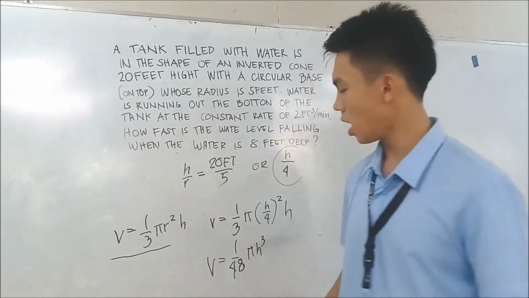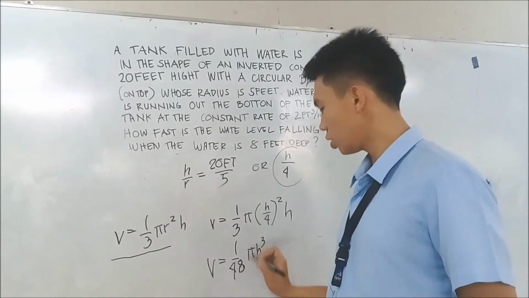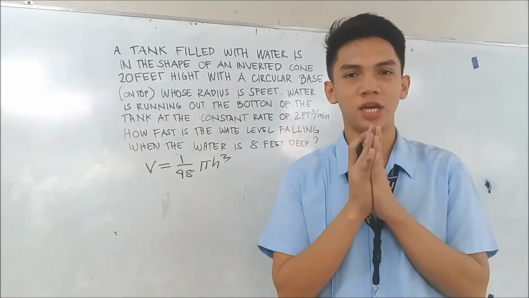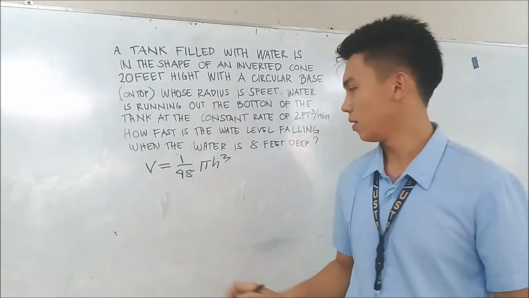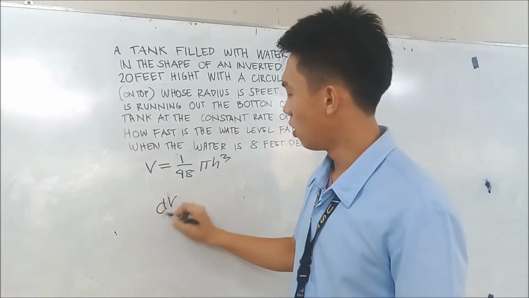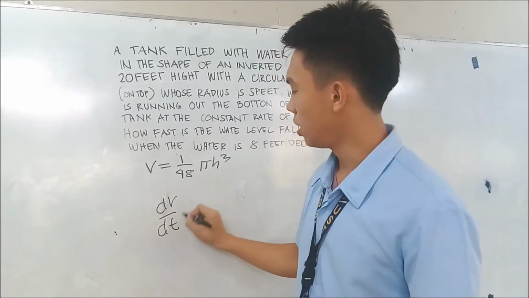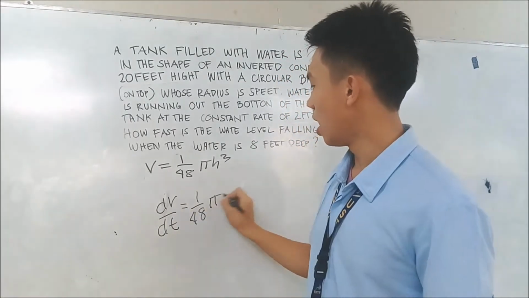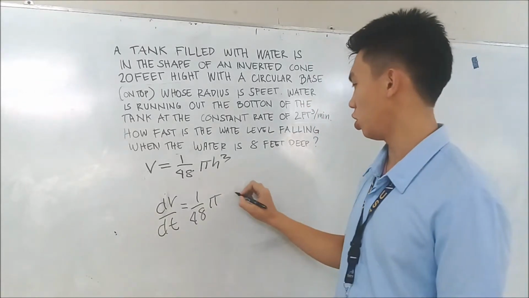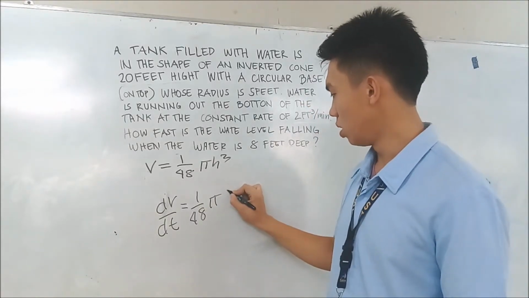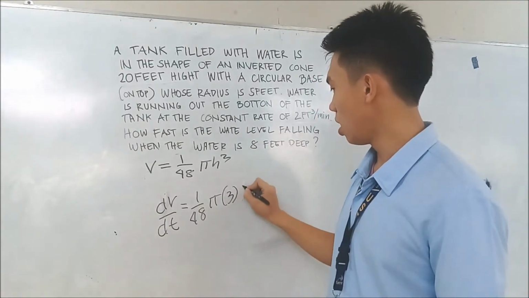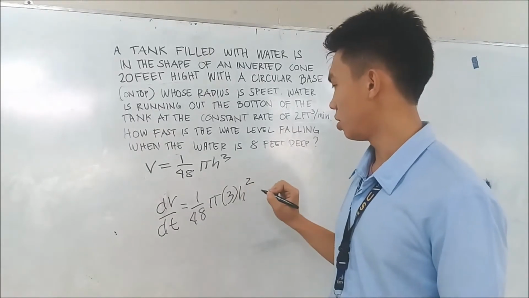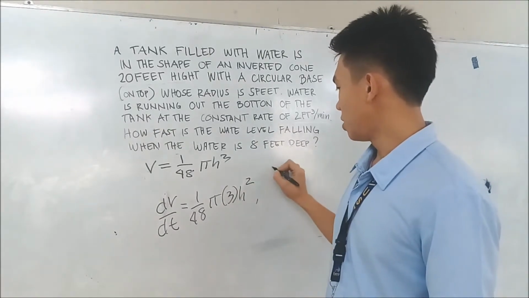We must find the dh over dt. By the given, dV over dt is equal to 1/48 pi, and the derivative of h cubed, which is 3h squared.